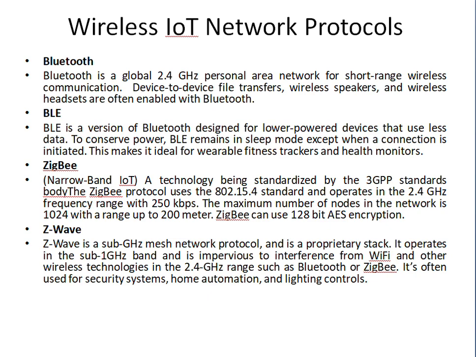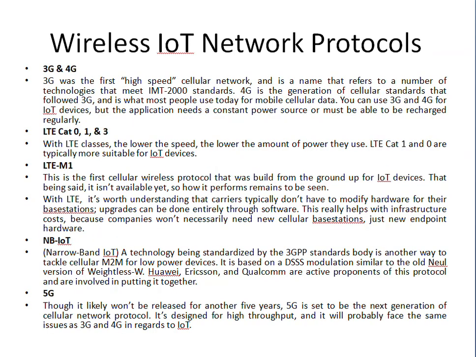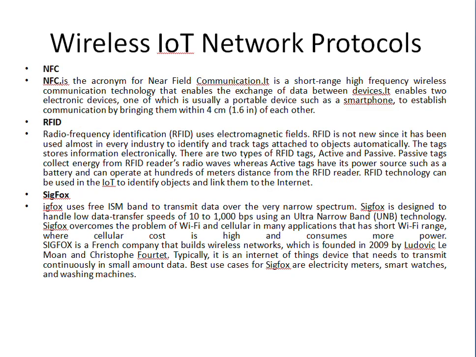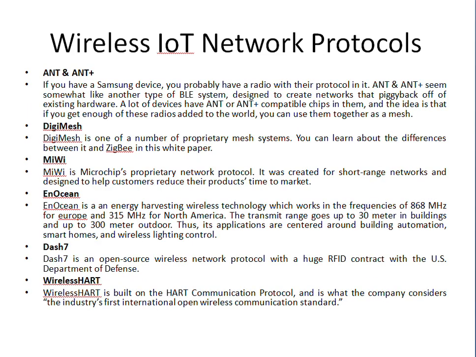Z-Wave is a sub-gigahertz network protocol, along with 6LoWPAN, Thread, Wi-Fi and 2G. Then 3G, 4G, LTE Cat 0, 1, 2, 3, LTE-M1, NB-IoT and 5G are the cellular IoT network protocols, along with NFC, RFID and Sigfox. Then LoRaWAN, Weightless-N, Weightless-P, Weightless-W, and others like Dash7 and Wireless M-Bus.